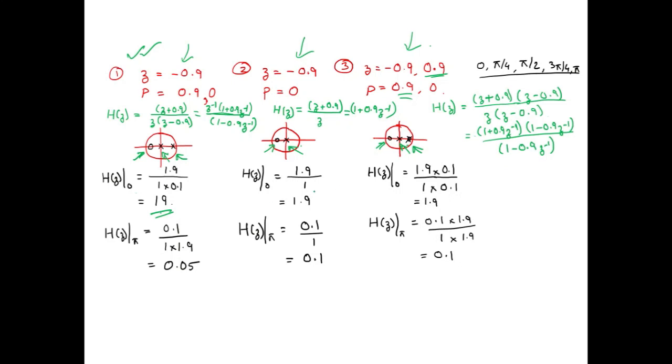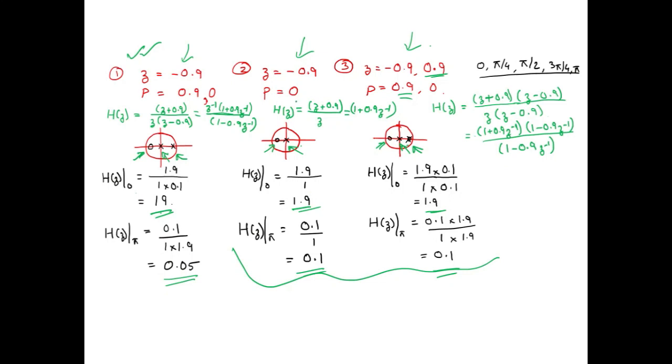It is 0.9, then 1.9, 1.9. At pi, what is happening? 0.05, 0.1, and 0.1. Now if you look at these two locations, what is happening? The amplitude values are totally the same.